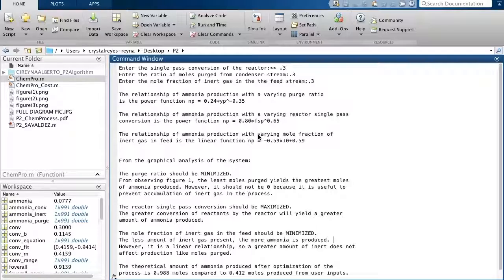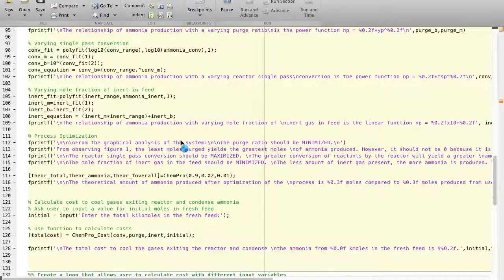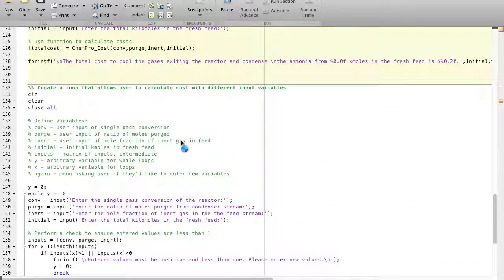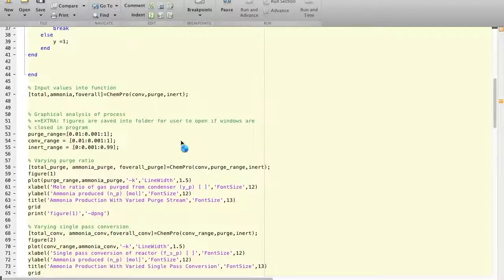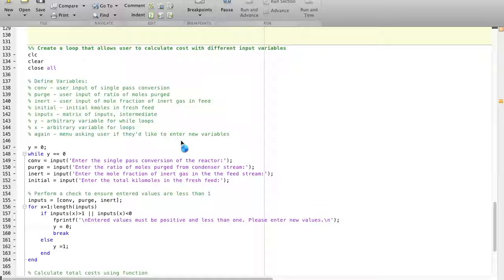We actually wrote up our code to ask the user how much was inputted at the beginning. First, we ran the program with a base of 1, and now we're asking the user how many moles were actually inputted, and to reanalyze the whole process.